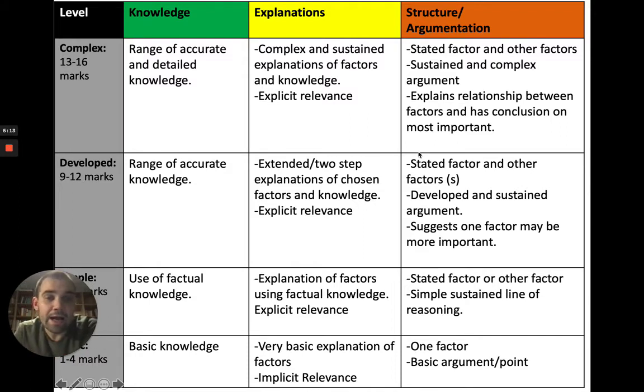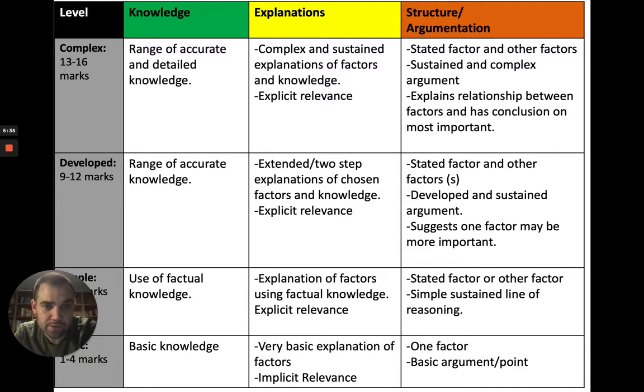So what they also want to see, besides the factor in the question and at least one other factor, is a developed and sustained argument. That means you introduce your overall argument in your introduction, and then in your main paragraphs you keep the argument going, you sustain it over the essay. It's not just a conclusion tagged on at the end.